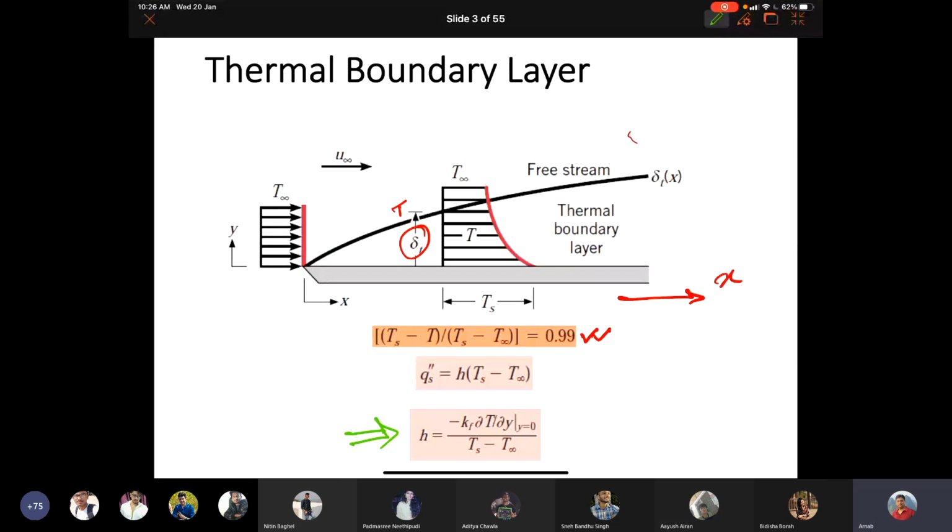This H is what we need to find, and then only can you estimate Qs double prime. Ts is the surface temperature and T infinity is the free stream temperature.